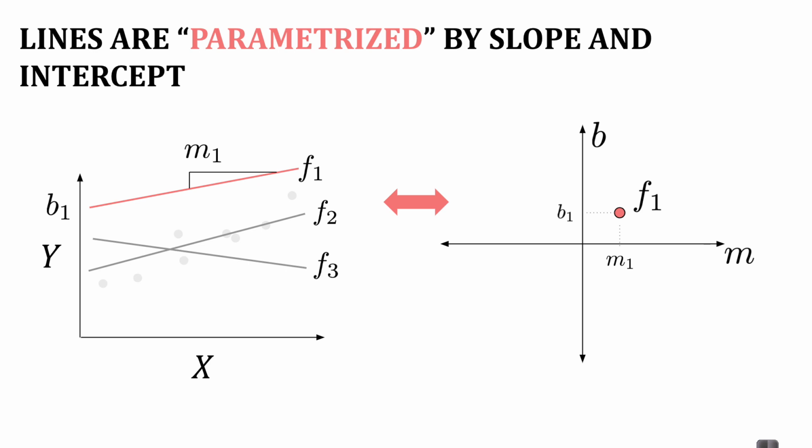Okay, lines are nice, and this is a general property, not just of lines, but of many sets of functions: they can be parameterized. What I mean by that is that you can describe each candidate with one or more numbers. With lines, we can do that with a slope and an intercept.